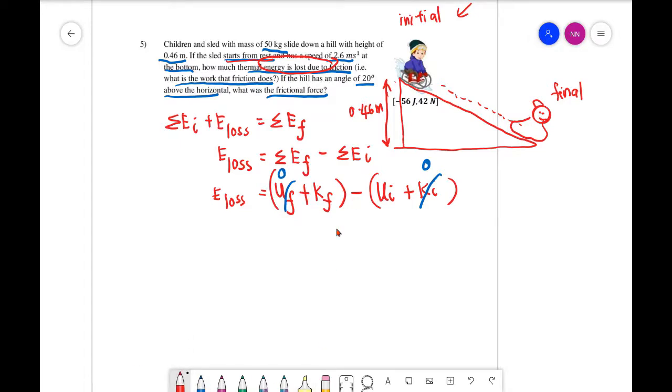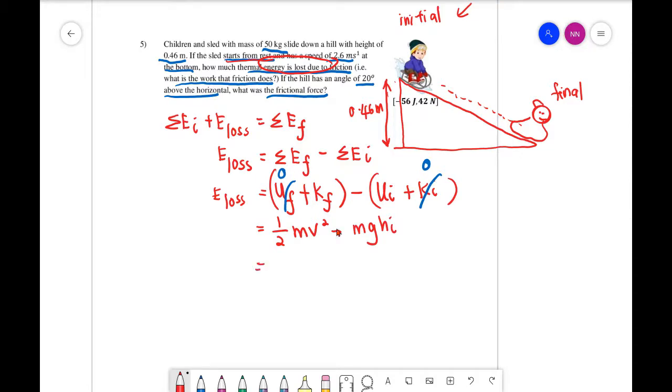Then we can write the formula for final kinetic energy as half mv squared, and initial potential energy as mg height initial.